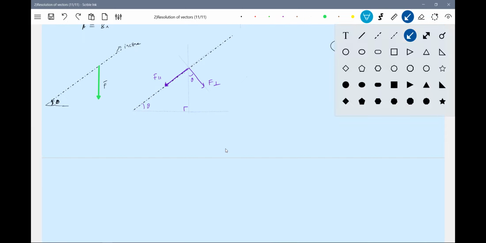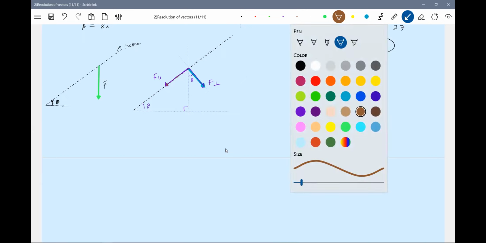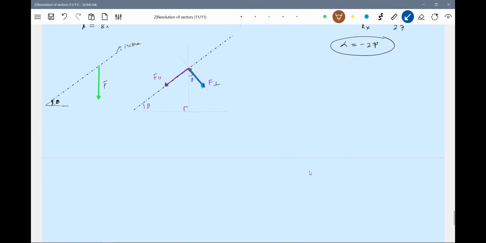I'll show by different colors at least. Like this, you can resolve it.